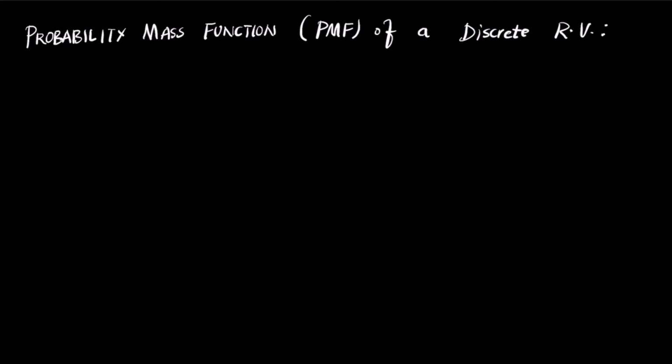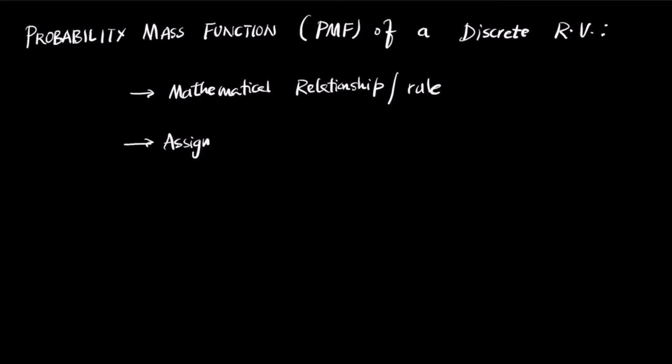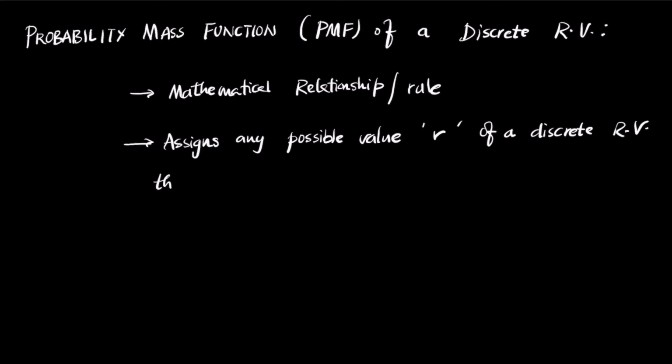A probability mass function is basically a mathematical relationship, or a rule, which assigns to any possible value r of a discrete random variable the probability P of x equal to r. So this is the idea behind the probability mass function.